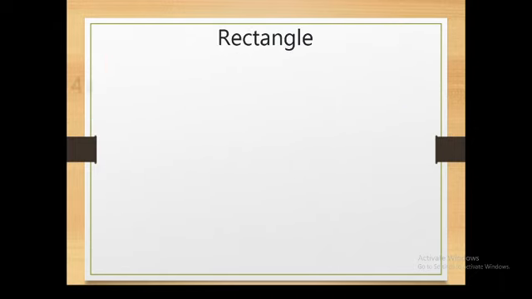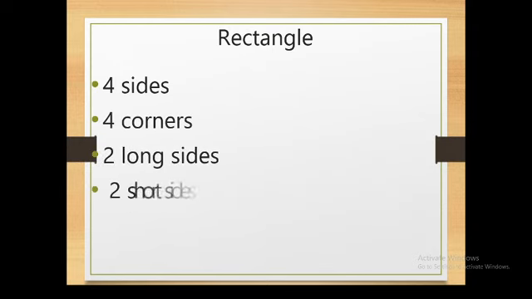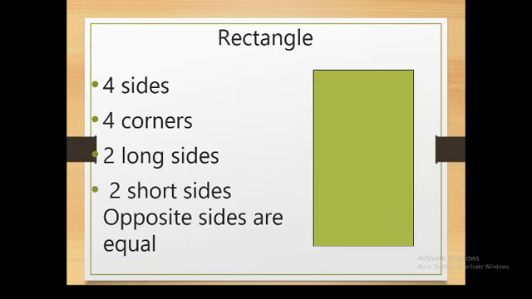Now, what is a rectangle? The most common 2D shape. It's a rectangle. Now, this is how a rectangle looks like. Now, what are its features, properties? It has four sides. 1, 2, 3 and 4. It has four corners. 1, 2, 3 and 4.